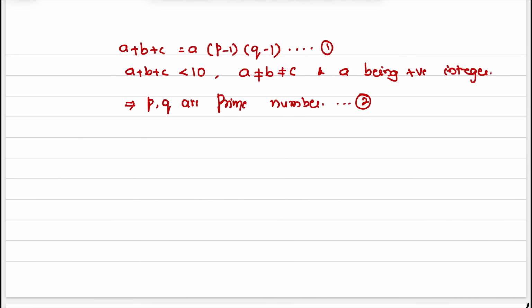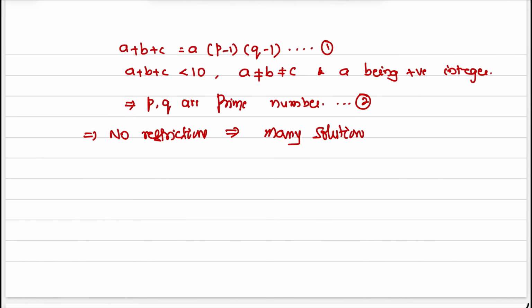This is equation 2. Under these conditions, we get a set of a plus b plus c values, and if there are no restrictions, there are infinite solutions. No constraints imply many solutions.